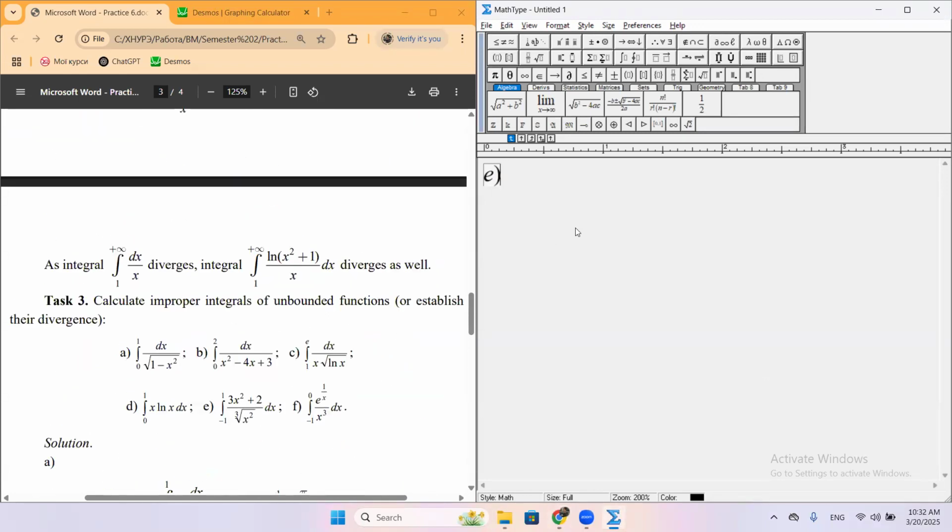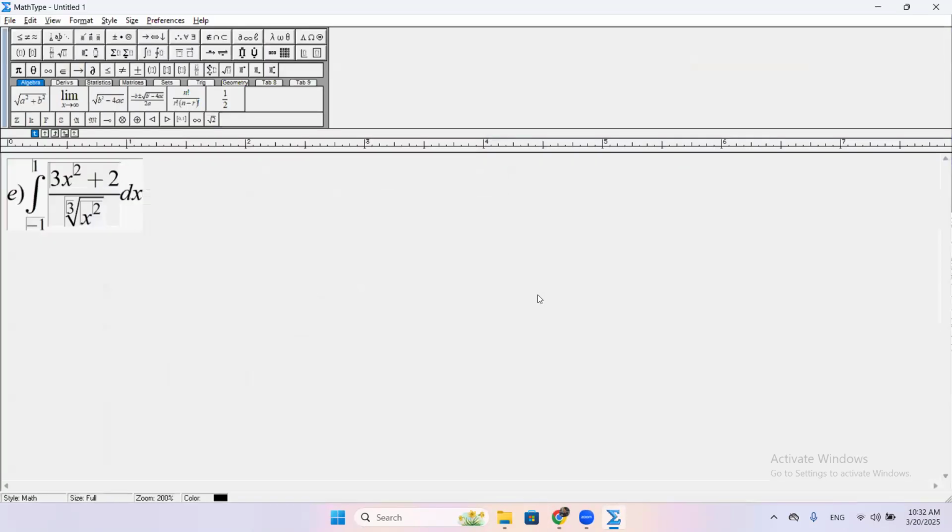So the following integral from minus 1 to 1, 3x squared plus 2 over the cube root of x squared dx. Okay. Let's first of all rationalize this integral.